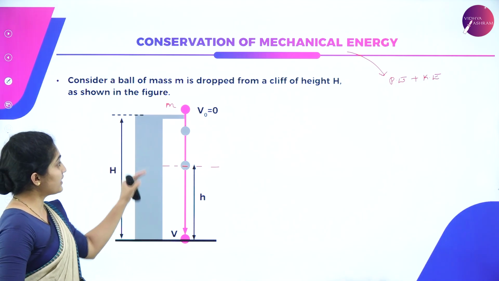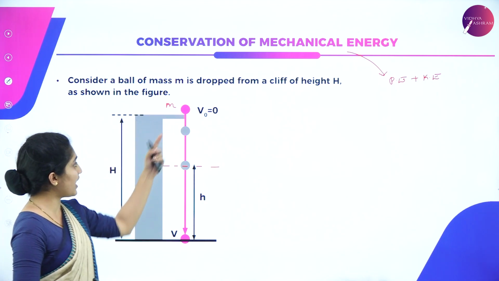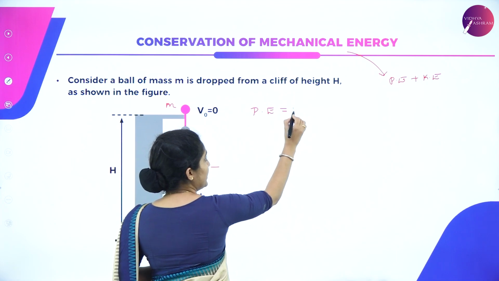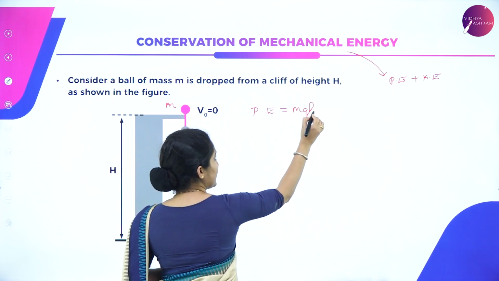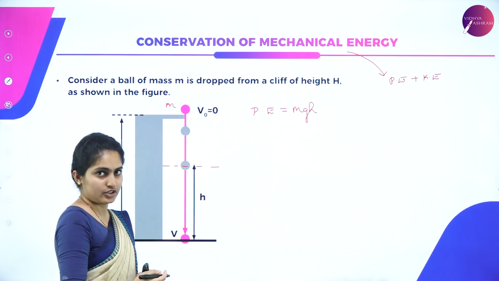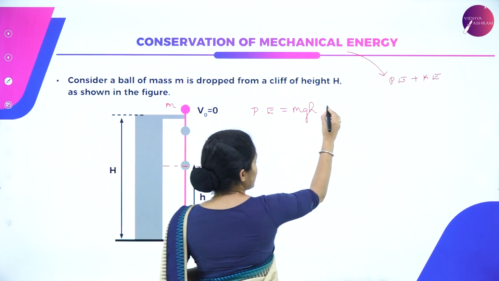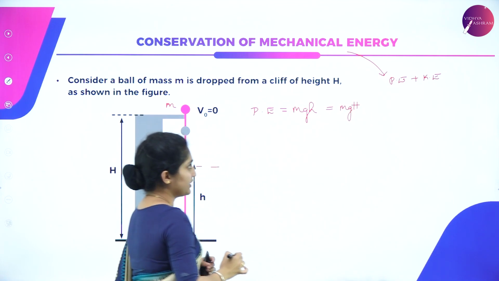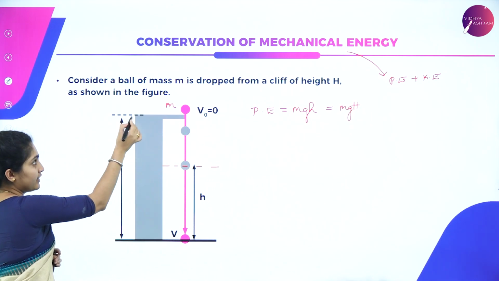Now at height H, your potential energy is said to be mgh, which is the formula for potential energy. So this turns out to be mg and capital letter H, because we are calculating at this height.